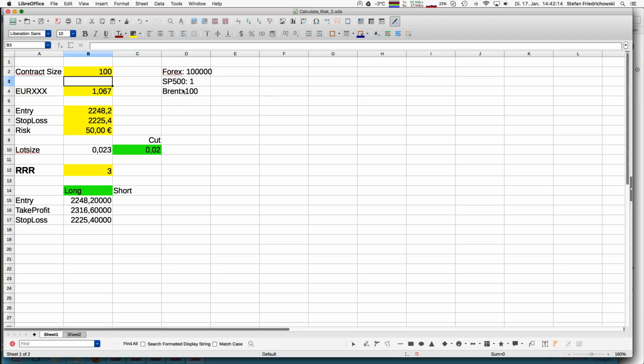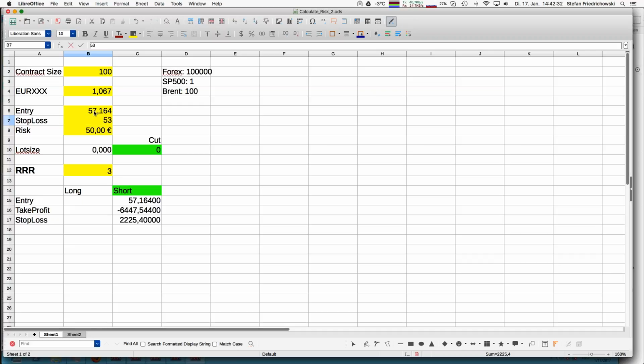Brent is traded in US dollar, so we need the exchange rate Euro US dollar once again. And our entry level was set to 57.164 and the stop loss level 53.014.